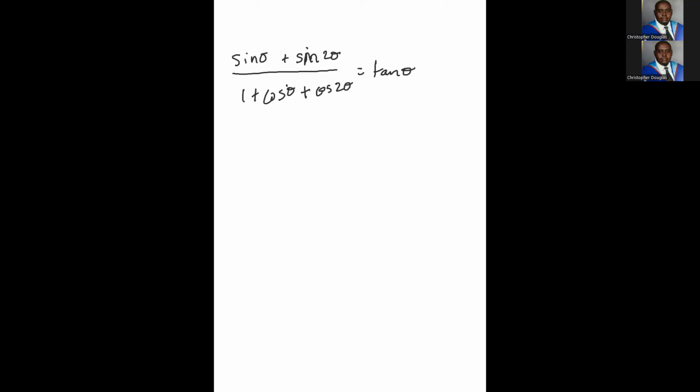How ridiculous, this big fraction equal to that small little something, eh? So it goes sometimes. Now we can just work through this.